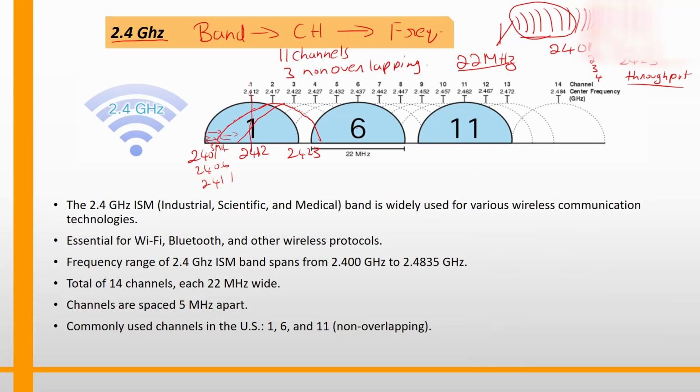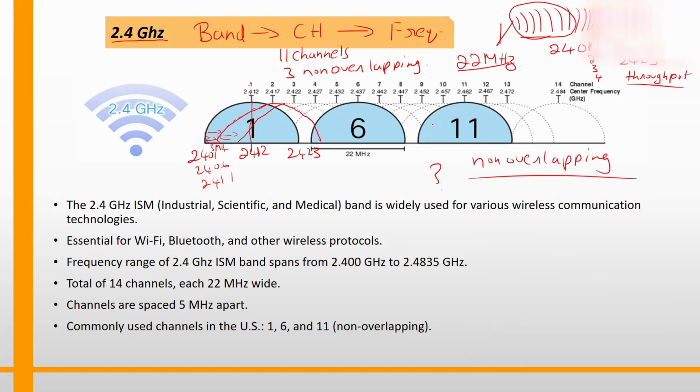That is why channel 1, channel 6, and channel 11 are called non-overlapping channels, and these are the ones that we are going to use in our access points, APs. Why can we not use channel 2, 3, 4, 5 for communication? And what about those frequencies, whether they will be used or not? Why only channel 1, 6, and 11?